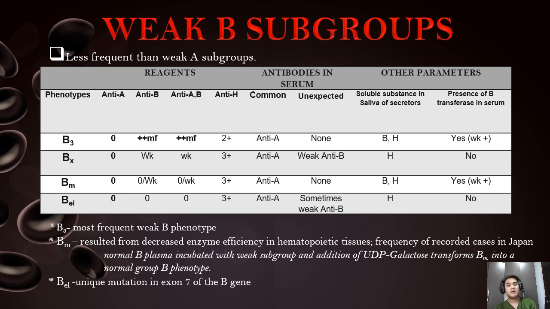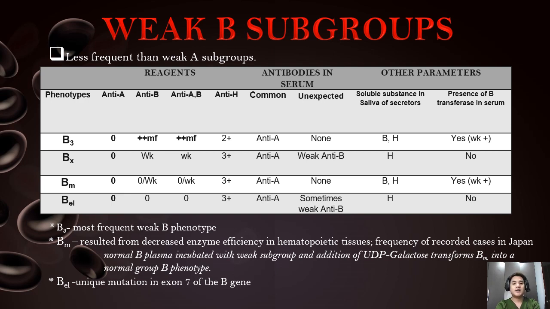Because it only exhibits a very small concentration, your body fails to recognize the weak antibody as non-self. And given the extreme rarity of the case, it may otherwise not be given much attention, and so there are not many records actually to expound in detail. However, take note that BX shows a complete absence of the B enzyme.